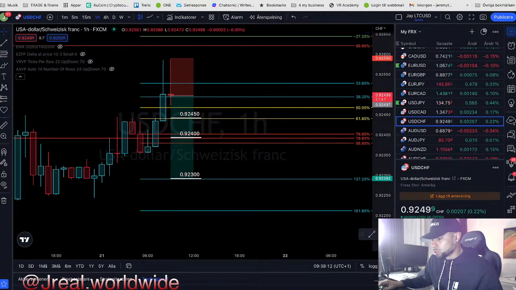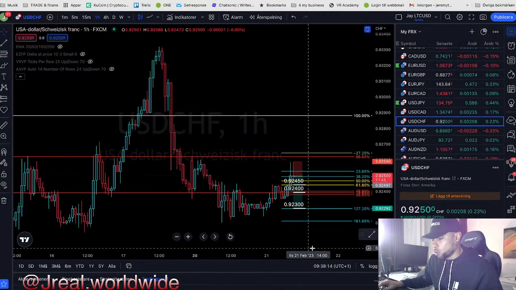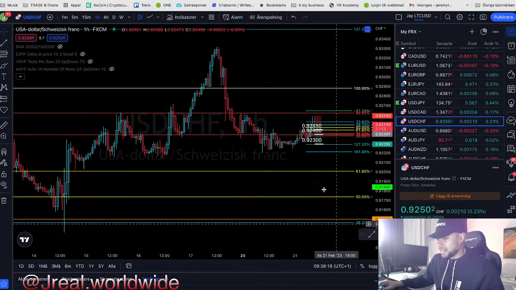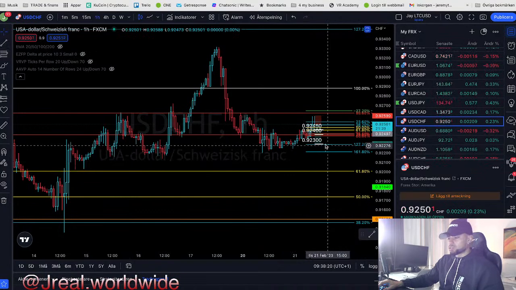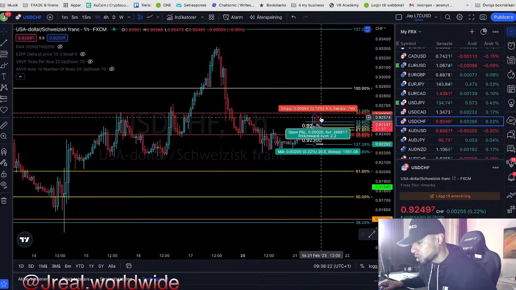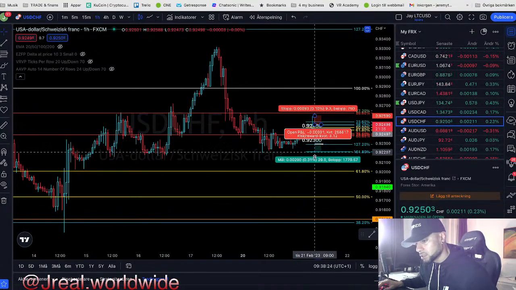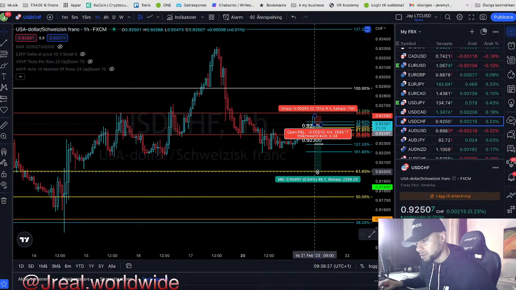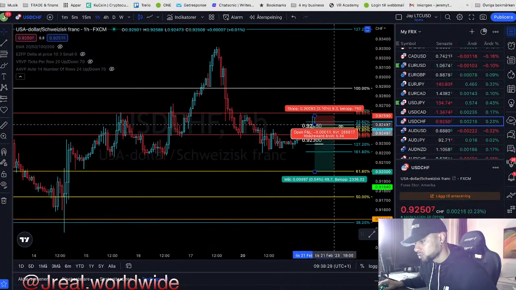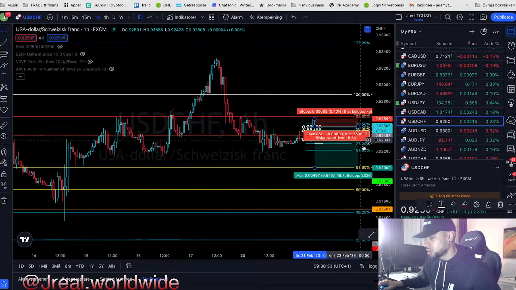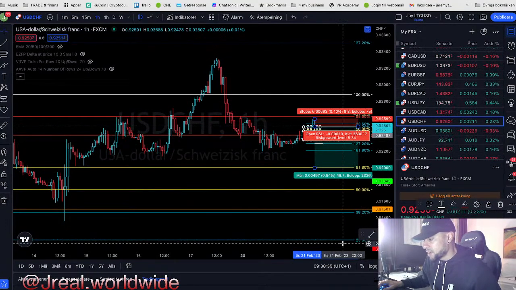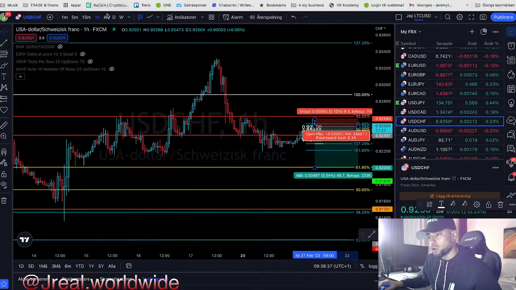Y'all, what you can do is open another position and leave it open, because what I'm seeing now is that this trade might go all the way down to the sweet spot zone here. That would be a really nice trade. That would be a 50 pip take profit. That would give us a 1 to 5 win to loss ratio.